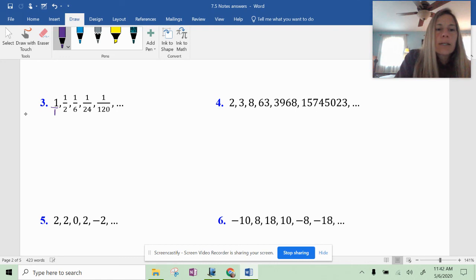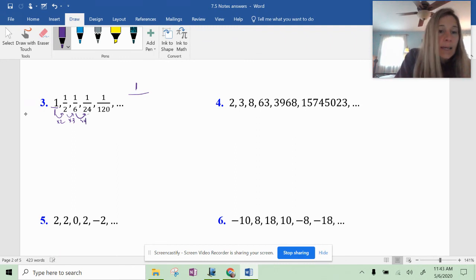So obviously the pattern on the top here is just a 1, right? And the bottom is multiplying by an increasing number. So if I just look at the bottom numbers, it's times 2, times 3, times 4, and so on.